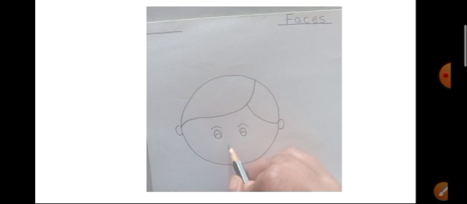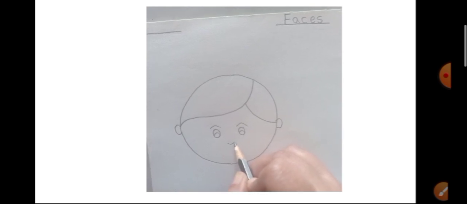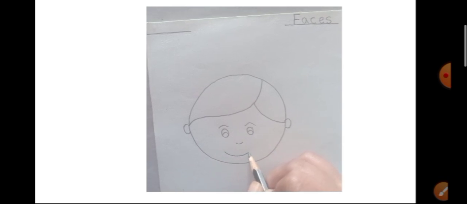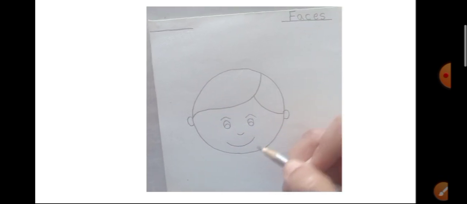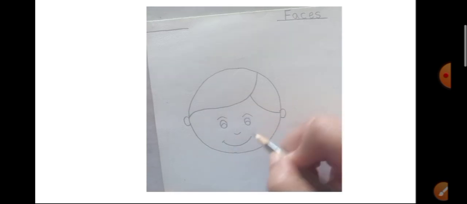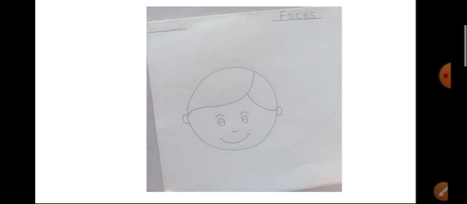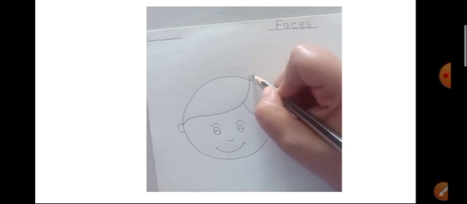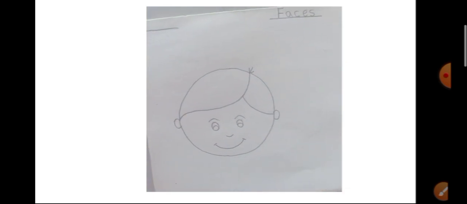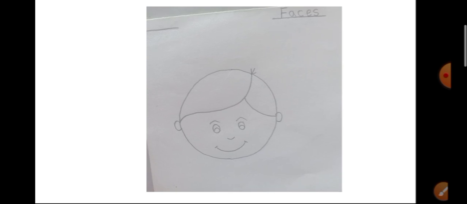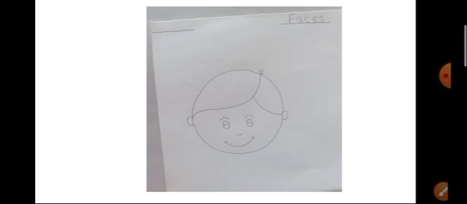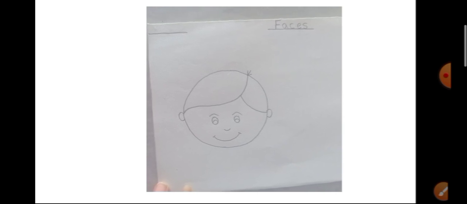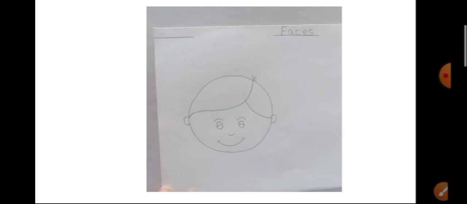Then draw one small curve to show the nose and one big curve to show the mouth of a boy. Then draw here small three lines like this to show hair of a boy. So like this you have to draw the face of a boy.